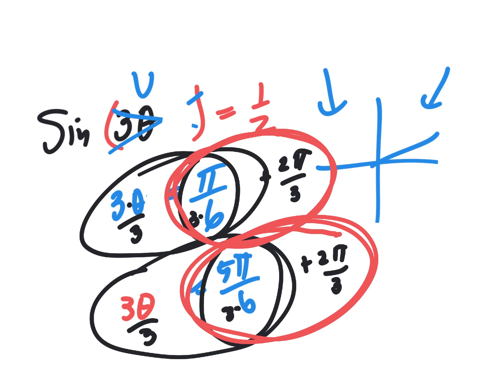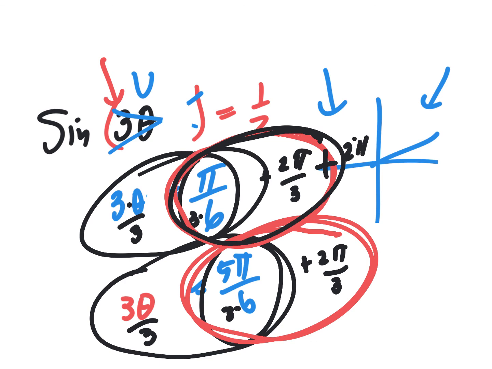And this would be brutal because, do you remember if there's a 3 there, you'd actually have 6 answers? So where are you going to get the last 2? You would take this answer and add another 2 pi over 3 to it, and add another 2 pi over 3 to this. And all of a sudden, you've got all 6 answers.